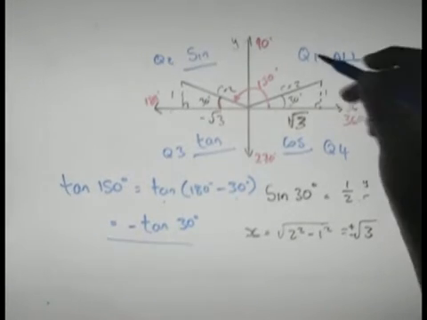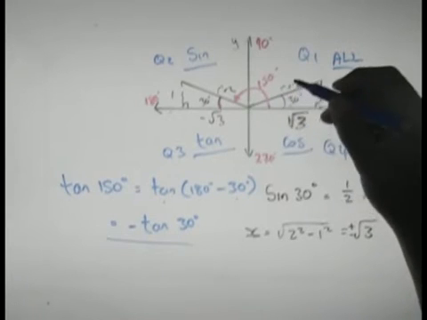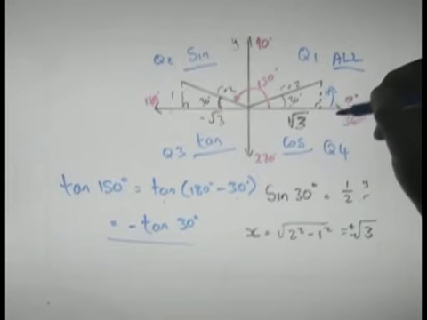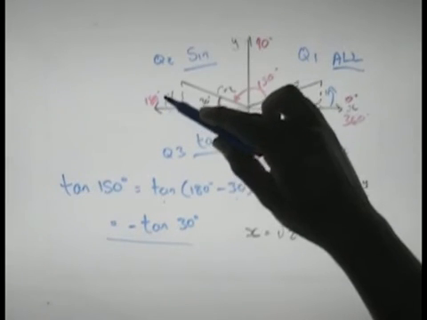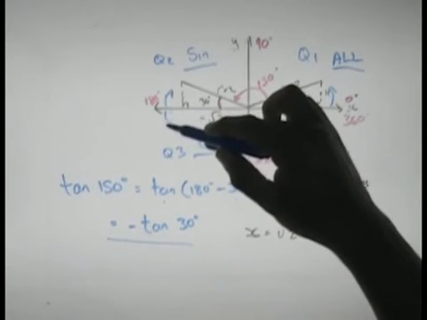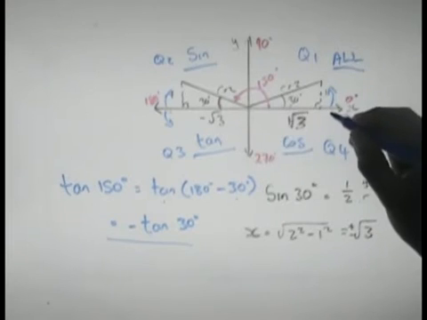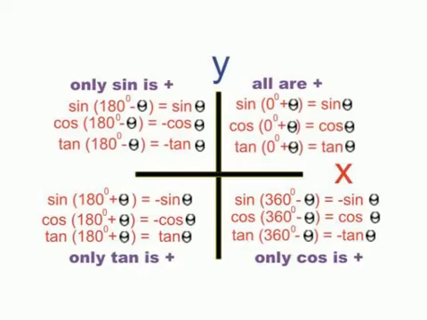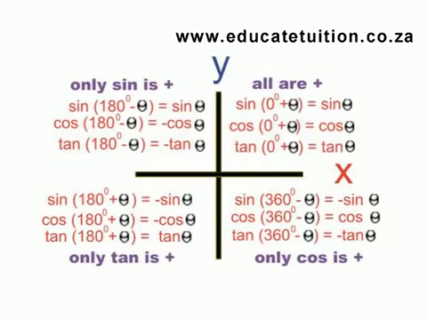Now notice that thus far all of our reductions have been off the x-axis, either 0 degrees plus or 180 degrees minus, and we will be working with 180 degrees plus or 0 degrees minus. That brings us on to a few standard rules we can apply whenever working with any reduction formula.